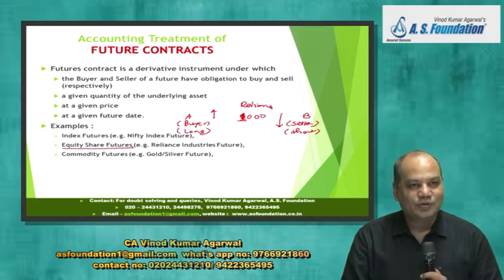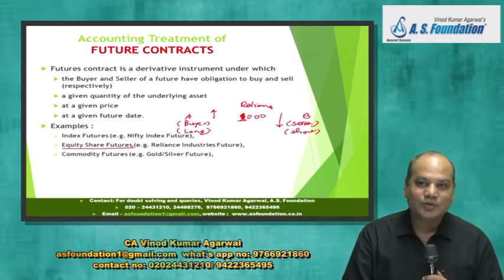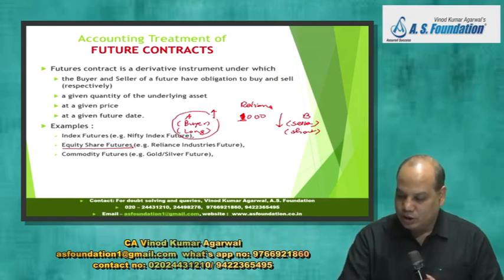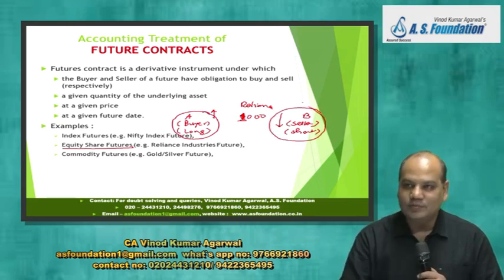If Reliance price goes up, who is the winner? A. If Reliance price falls, who is the winner? B. Now in this example you have understood, gain of one party is equal to loss of the other party. So if A wins, B would lose the same amount.